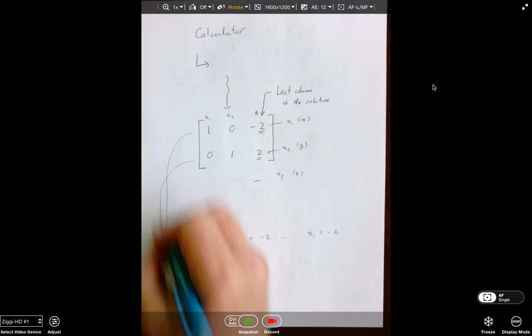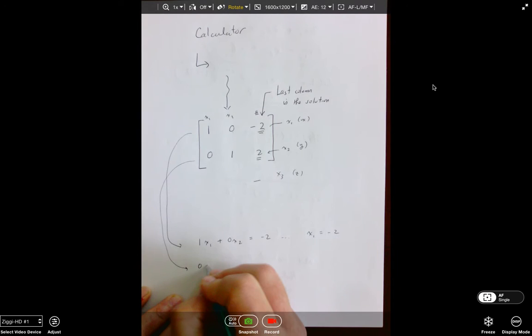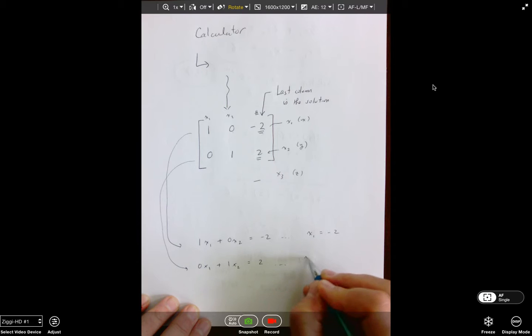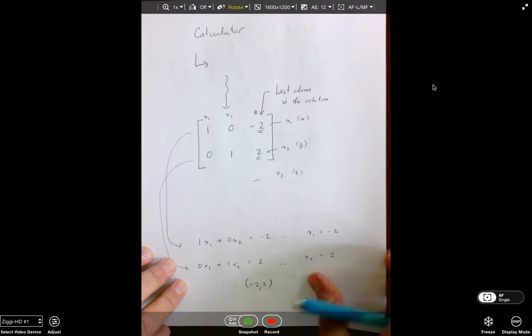This thing right here is telling me that 0x1 plus 1x2 is equal to 2. Well, 0 times x1 plus 1 times x2, when all the smoke clears, is just telling me that x2 is equal to 2. It's just telling me that my solution is -2, 2. All right, gang.